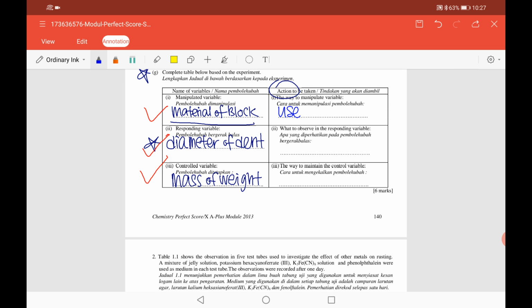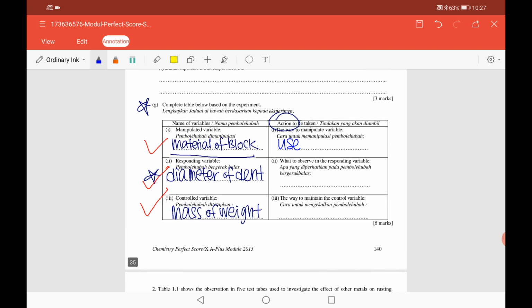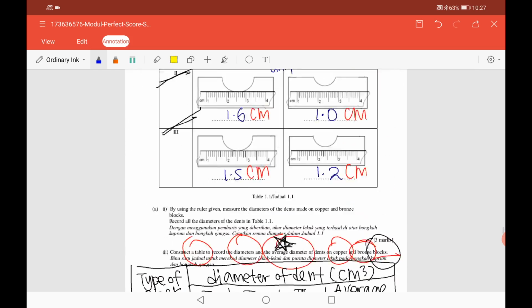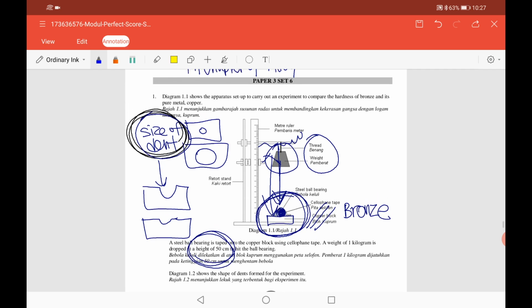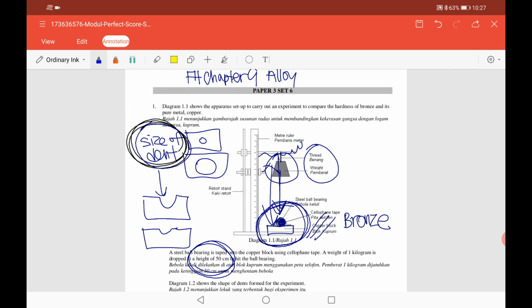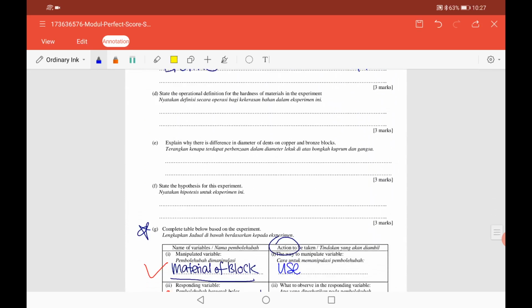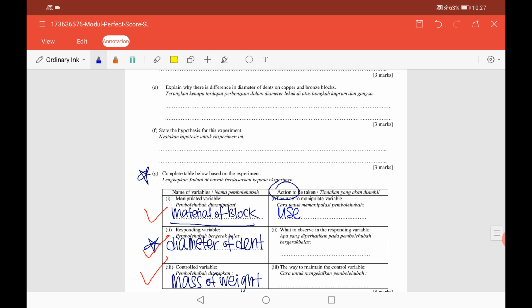Initially in the experiment, you started with a copper block. Then you need to change the copper block with bronze. So you can write the word use bronze block to replace copper block. This is one of the very simple answers.